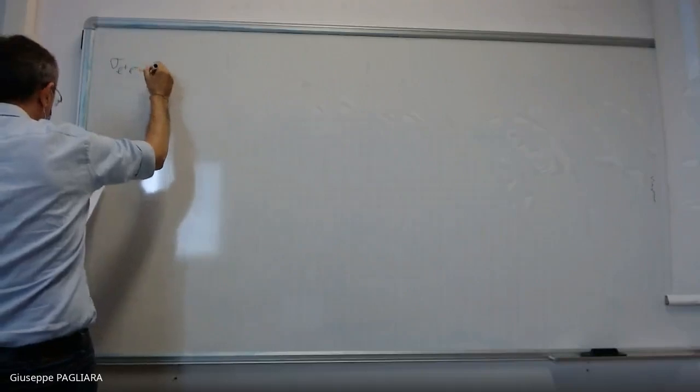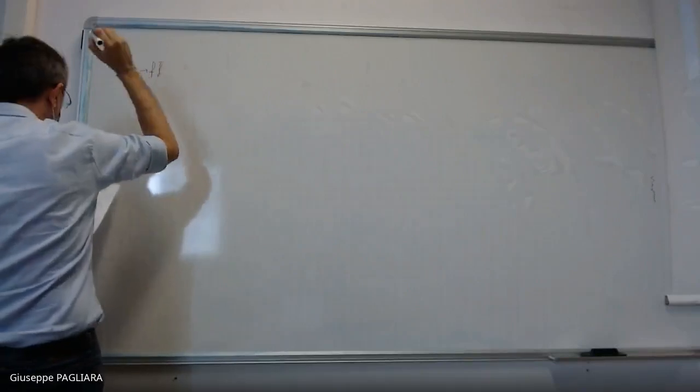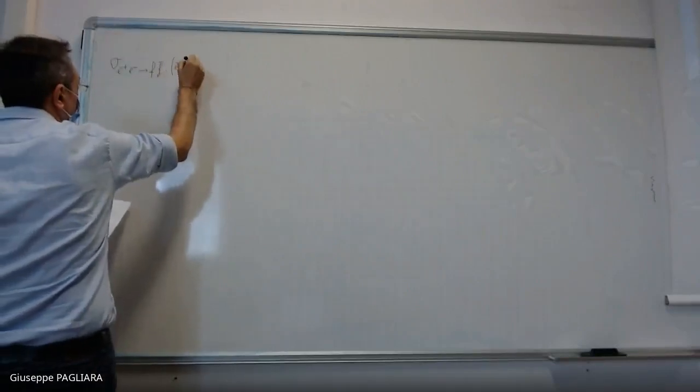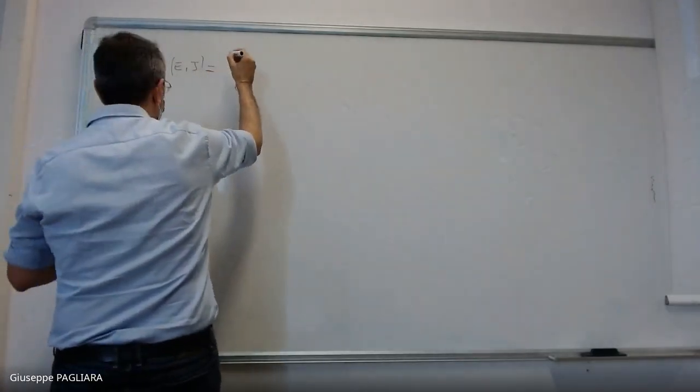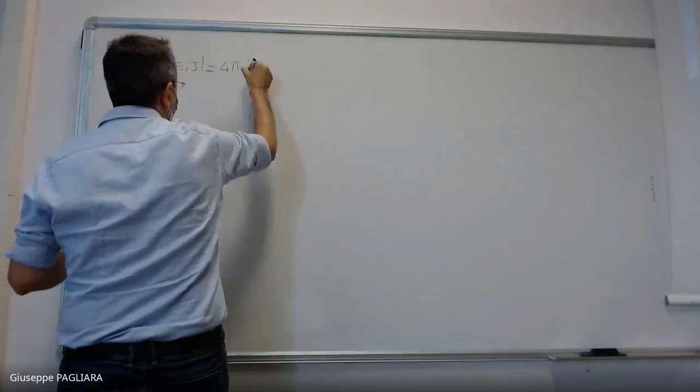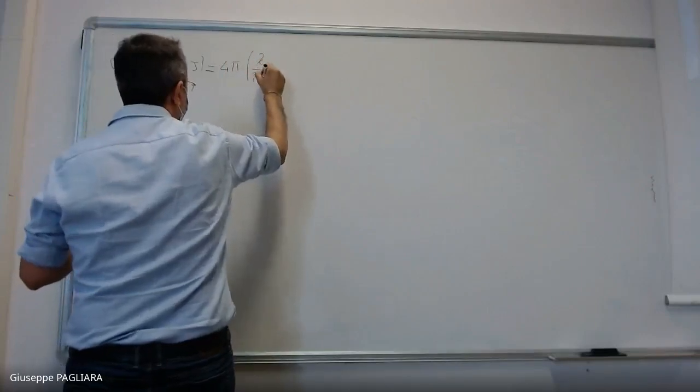So we have the cross-section for e+ e- into fermion in general, as a function of the energy and the momentum. Then we have the de Broglie wavelength squared.